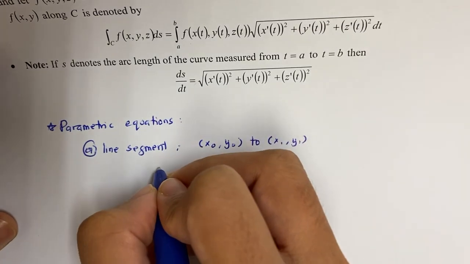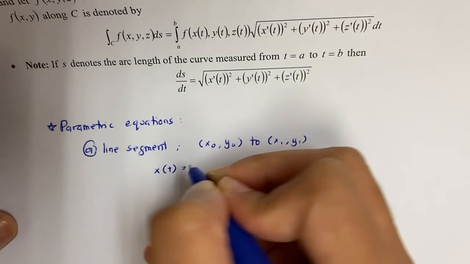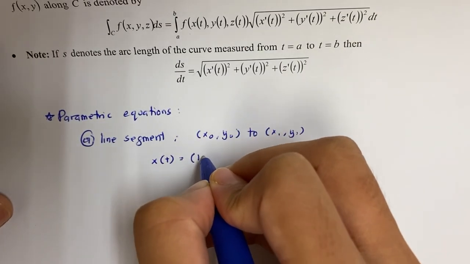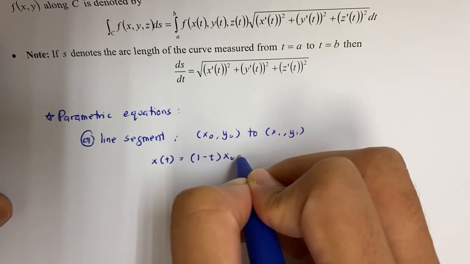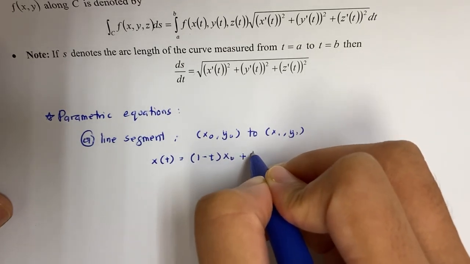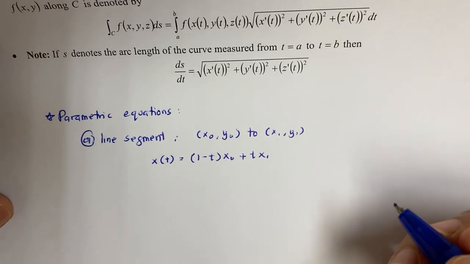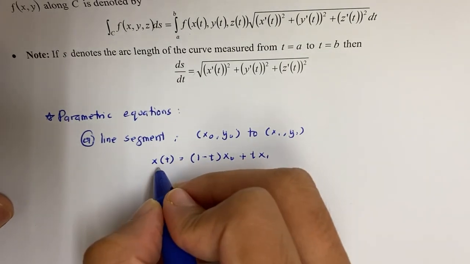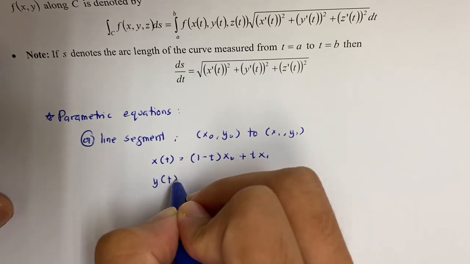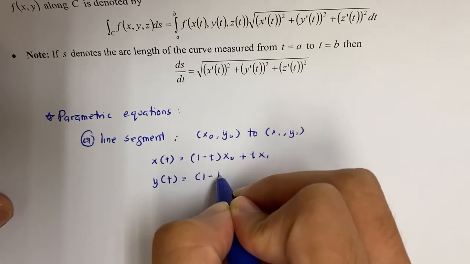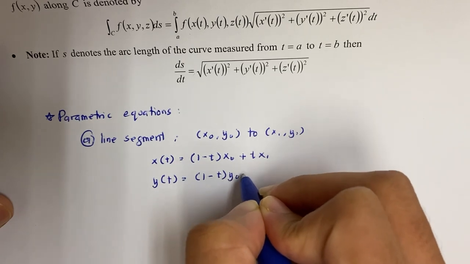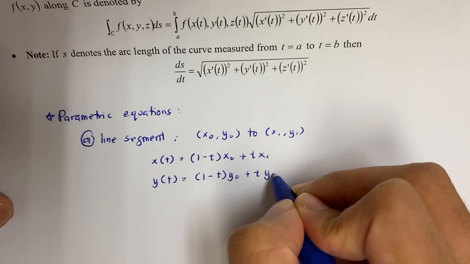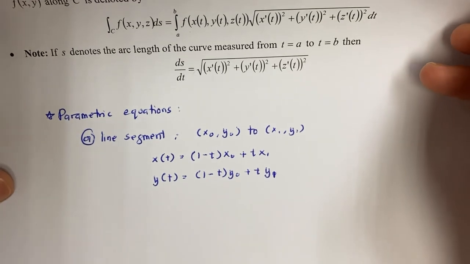The parametric equation for x(t) is equal to (1 minus t) x0 plus t x1. Substitute x0 and x1 into x(t), and then y(t) is equal to (1 minus t) y0 plus t y1. That is the first case, the line segment.